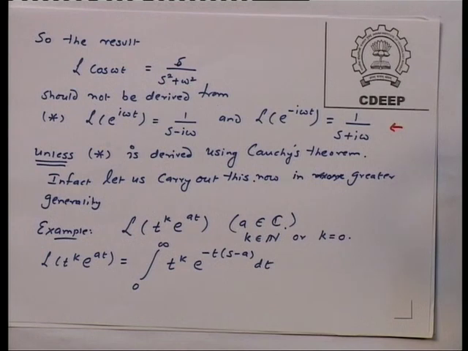At the moment you can assume that k is a non-negative integer, or you can assume that k is a positive real number. Let us for the moment assume that, and then it will become very clear how to generalize that further. So, begin by assuming that k is a non-negative integer.